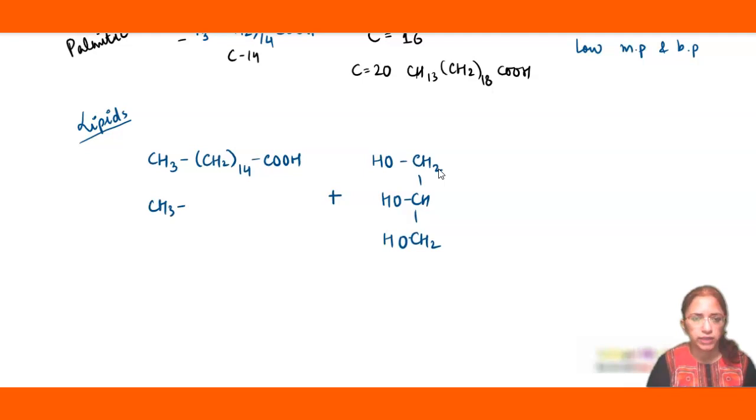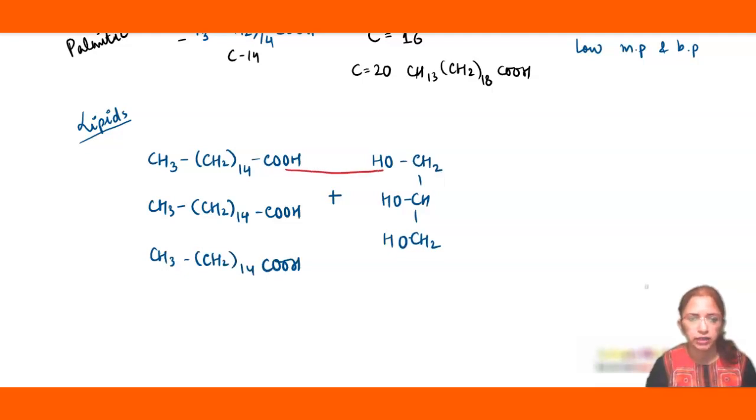Now to do esterification, we would be requiring 3 molecules of palmitic acid. So I am just writing palmitic acid 3 times and we'll be forming a triglyceride.